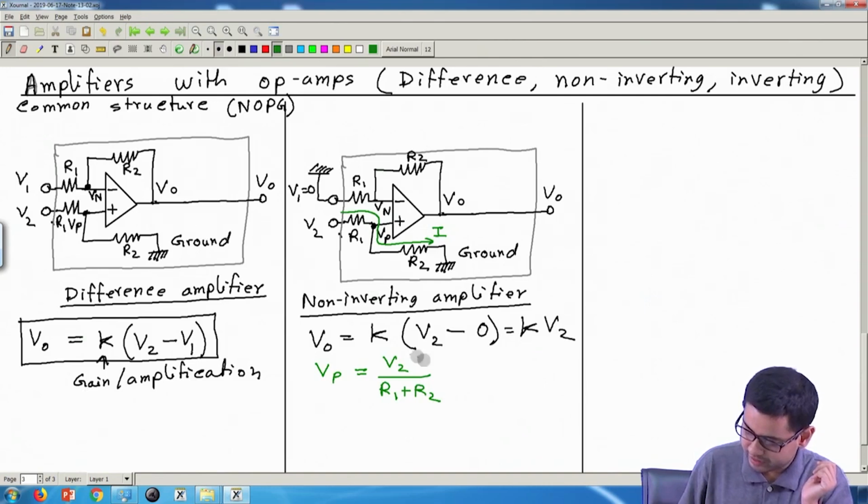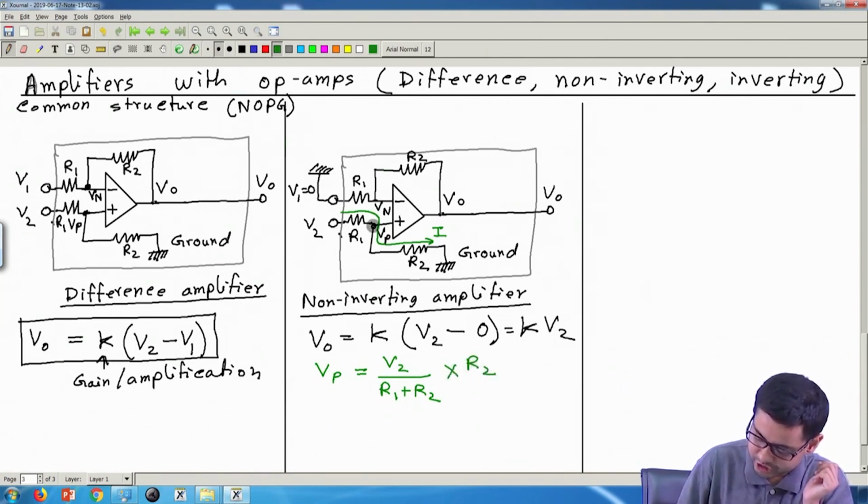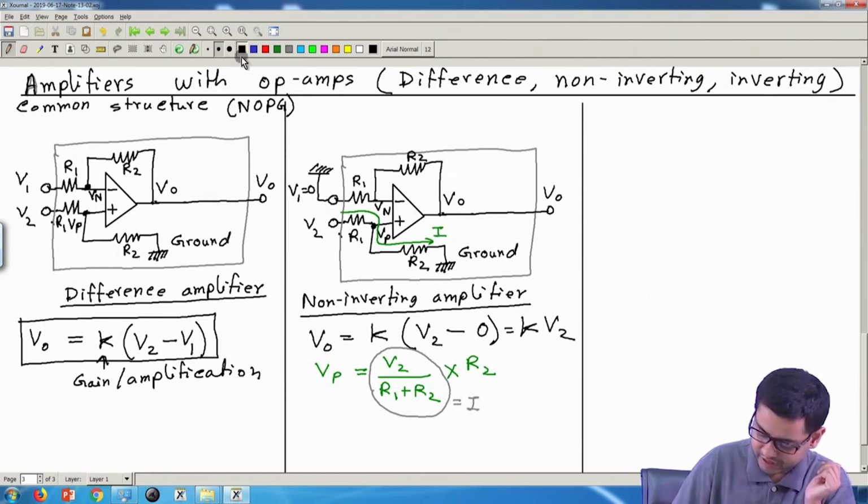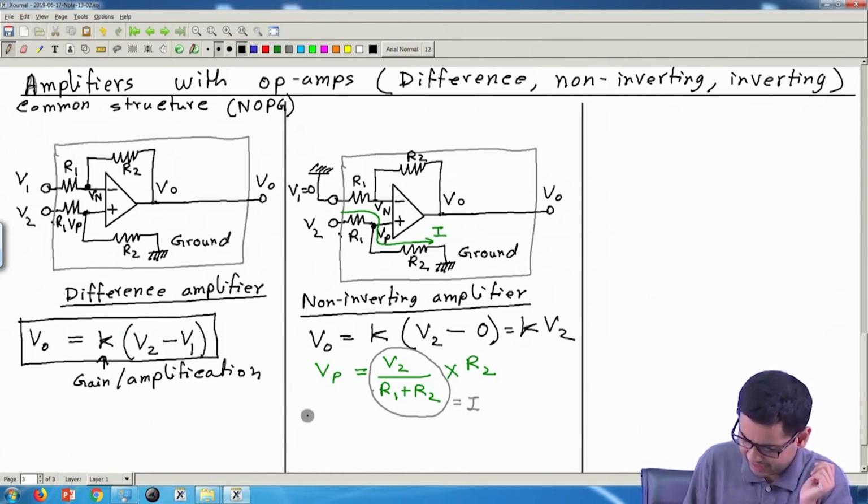So this is nothing but I, this is equal to I, then multiplied by R2. This is the potential difference from here to here. This is Vp, and this is equal to I, this current. So this is Vp. So therefore now we can see that VO is K times V2.